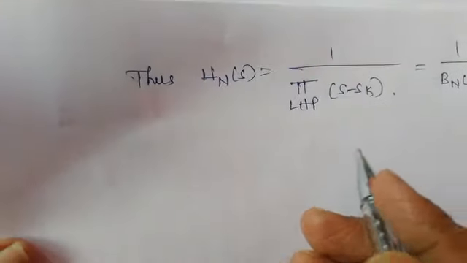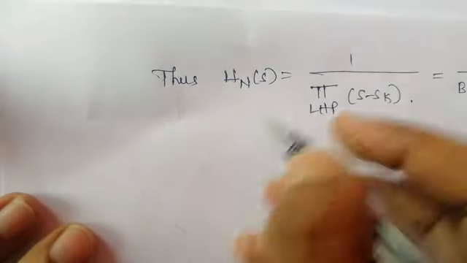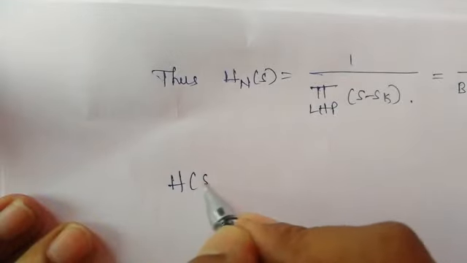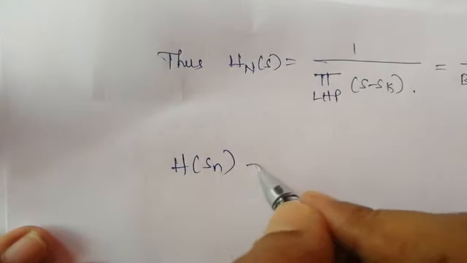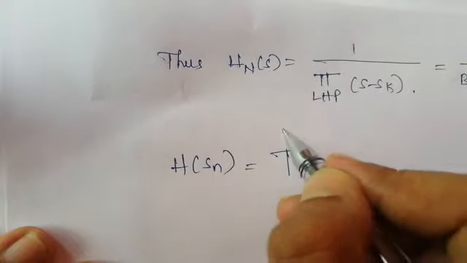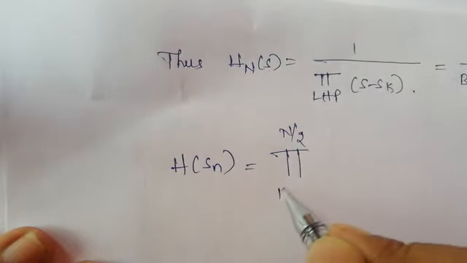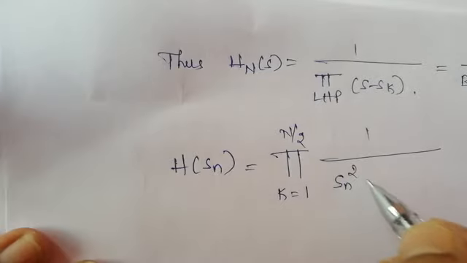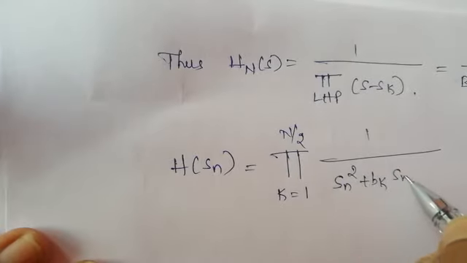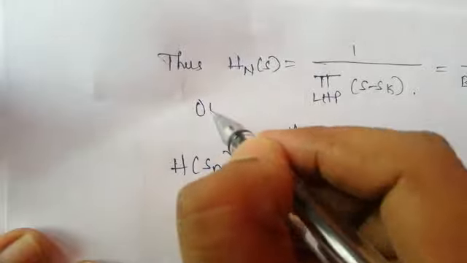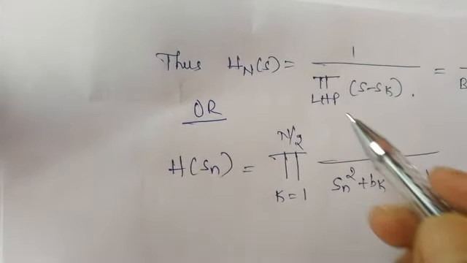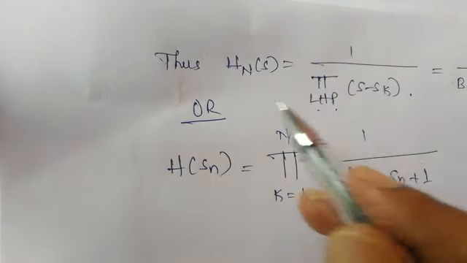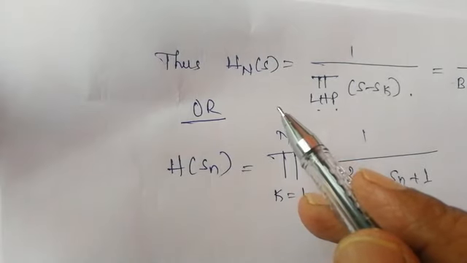In some other textbooks, they represent this transfer function as h of sn equal to product for k equal to 1 to n by 2 of 1 divided by (Sn square plus Bk into Sn plus 1). Meaning is same, because left hand poles means a filter is said to be stable.